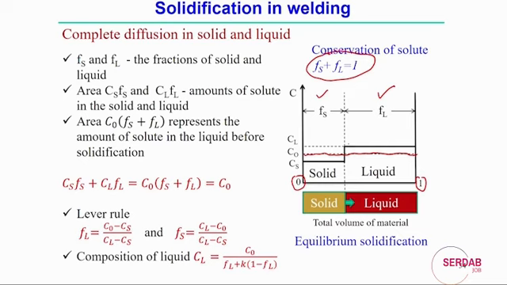Here at any point, this is Cl, the liquid content, and this is Cs, the solid content, that is, the concentration of the liquid phase and the concentration of the solid phase. Now, Fs into Cs and Fl into Cl represent the amount of the solute in the solid and the liquid phase.